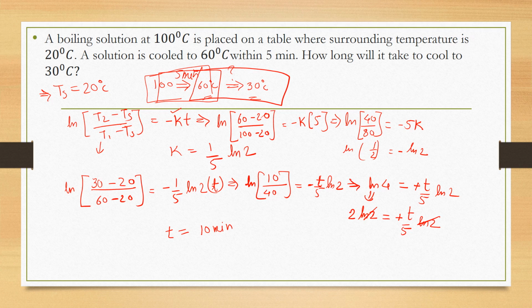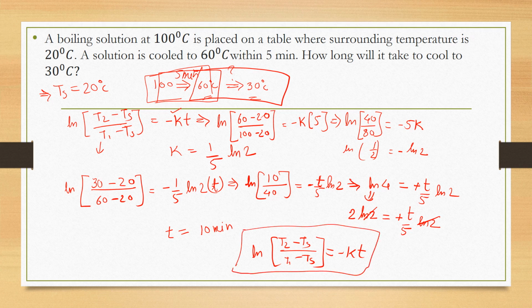So it is a very simple formula over here, just log of (T2 minus Ts) by (T1 minus Ts). Such kind of problems will be asked for 2 marks in GATE examination. This is a direct question.